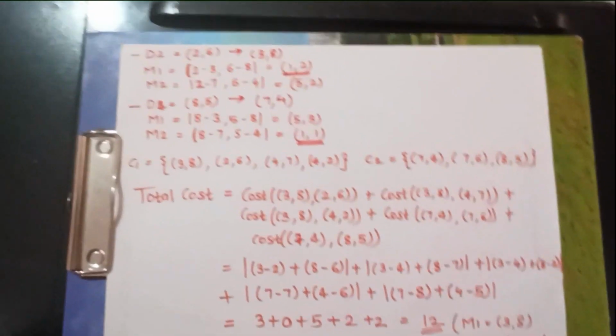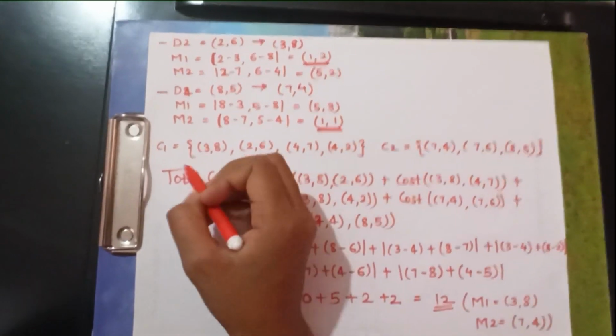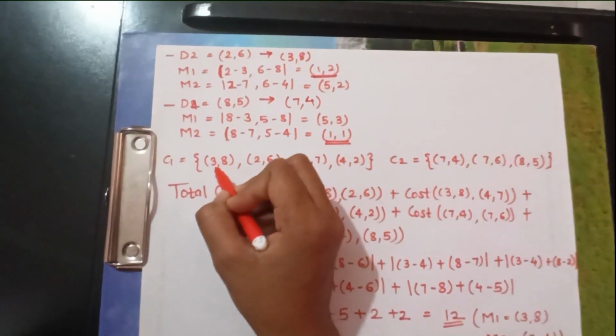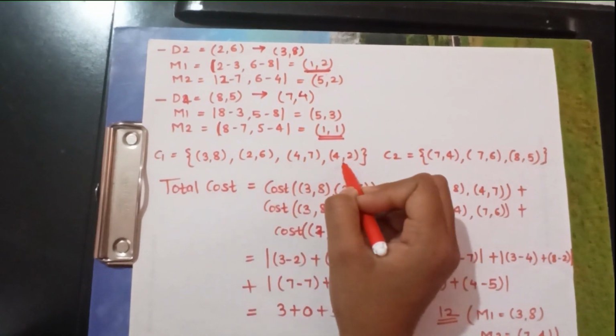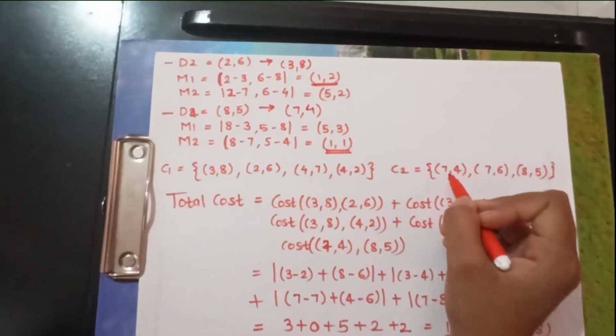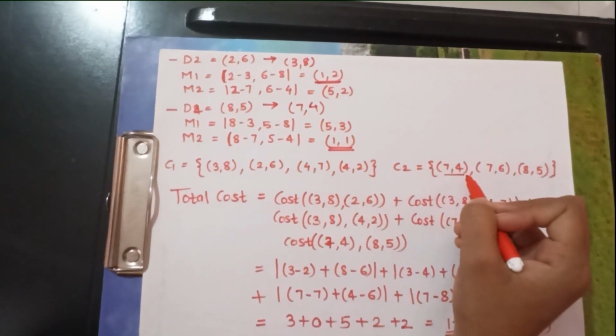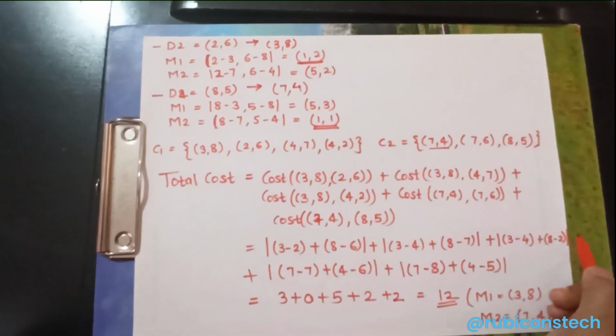After calculating the distance for all the data points in the data set, we get two clusters. Cluster 1 consists of your medoid 1, that is 3, 8, and all the data points that are near to your medoid 3, 8, and cluster 2 consists of your medoid 2, that is 7, 4, and all the data points that are near to your medoid 7, 4.